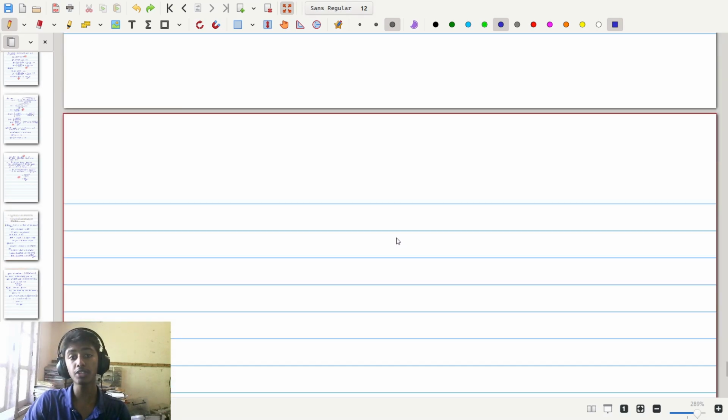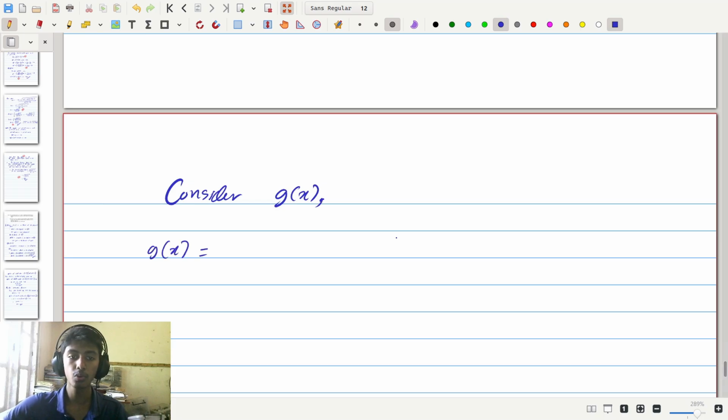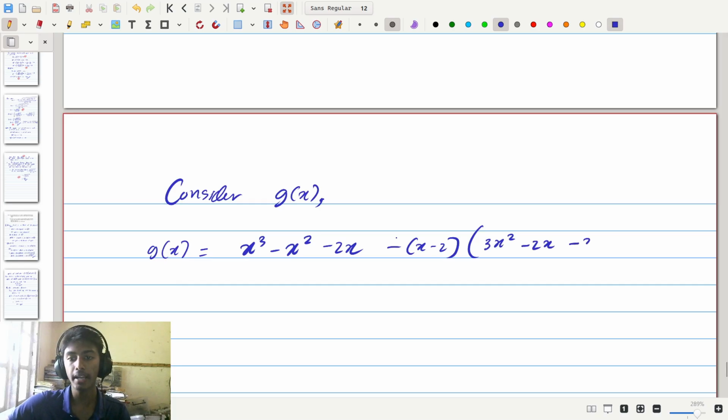I think we should start with a new page for this one. If we consider g of x is equal to x cubed minus lambda x squared, which is minus just 1x squared since lambda is equal to 1, minus 2x minus x minus 2 times 3x squared plus mu x, which is going to be minus 2x since mu was equal to minus 2, and then minus 2.